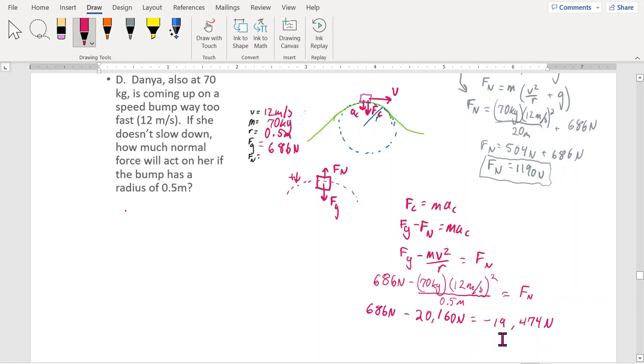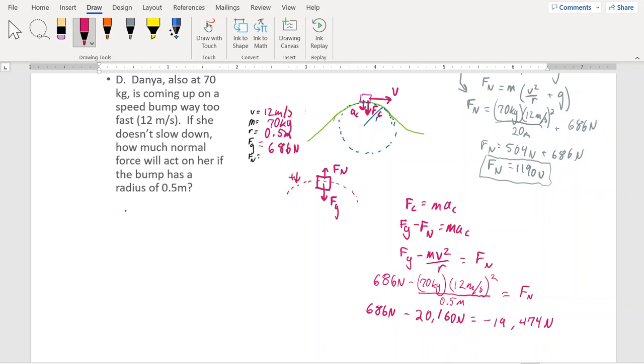That means, well, frankly, what it means is we're going so fast, we're not able to do circular motion. This is essentially, instead of a speed bump, it has now become a ramp. Now, in the case of a car, a car has a suspension system and stuff. That's not exactly rigid. So what would happen in reality is the car might actually get some air.